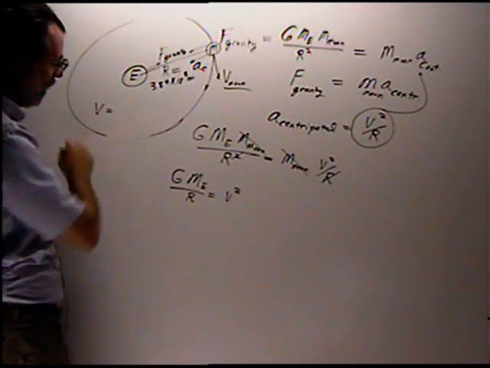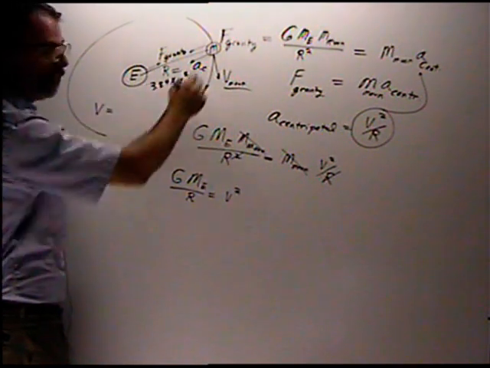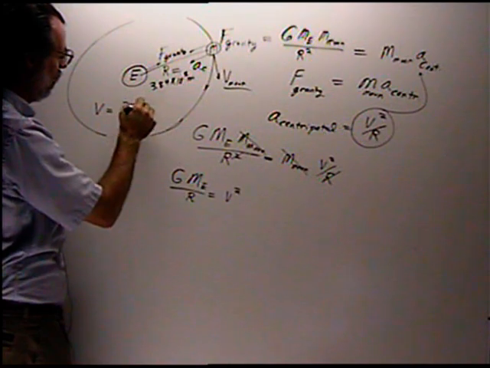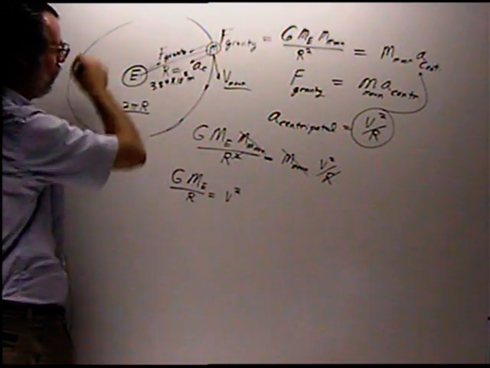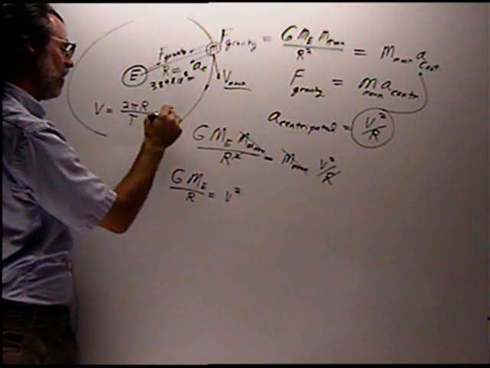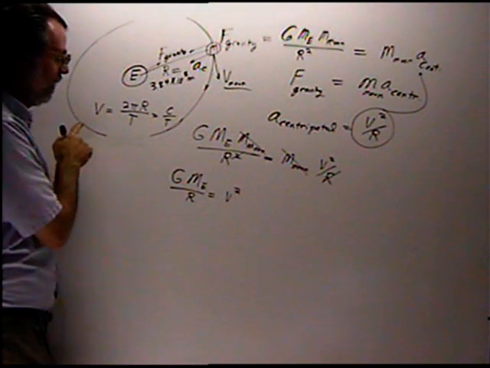If you think of the entire circle as a circumference, what's the circumference all the way around? The circumference all the way around is 2 pi r, and the time all the way around is simply the period. So this is simply the circumference divided by the period. And that's the velocity. Okay?